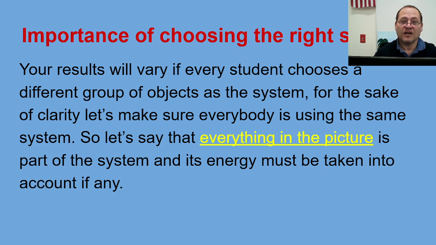When you're analyzing the energy of a system, you need to define the system correctly, or at least make a convention of how people will select the system. So in our case, everything in the picture will be considered part of the system, so everybody can get more or less the same results, so we can be consistent with our answers.